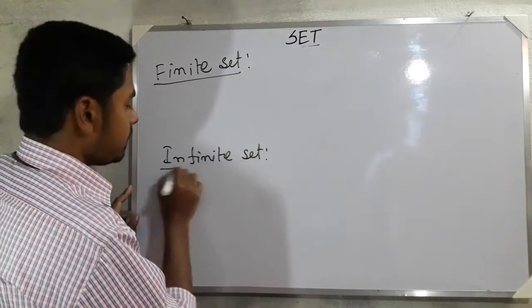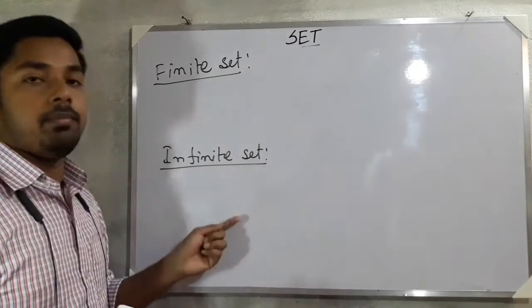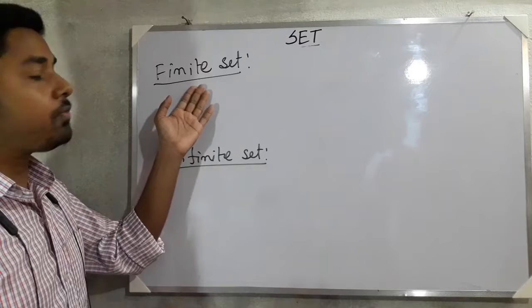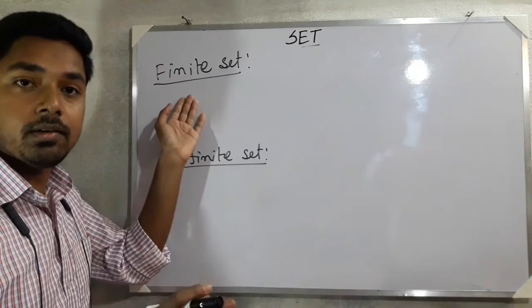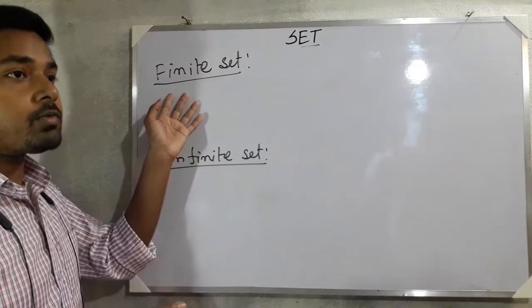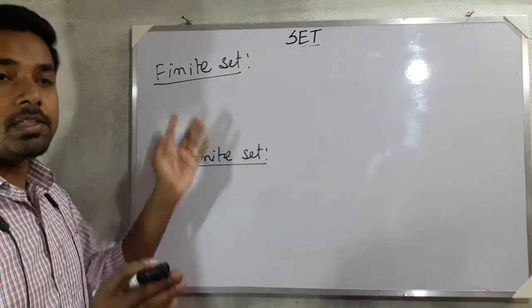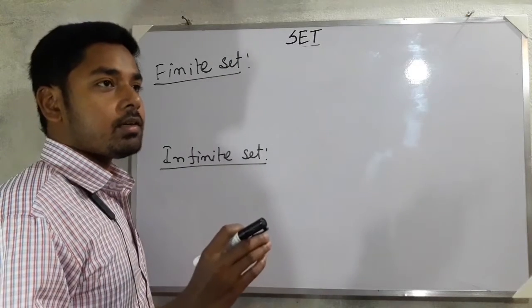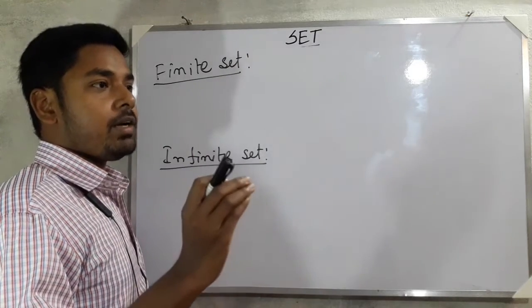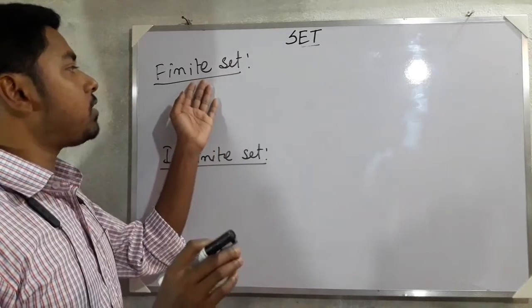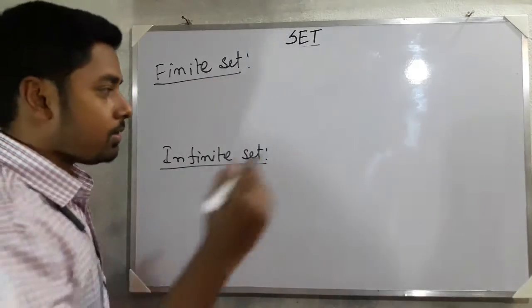Try to understand the meaning of the terms. Finite means what? It is countable. That does not mean simply countable in a loose sense, it means it has the proper meaning of countable.